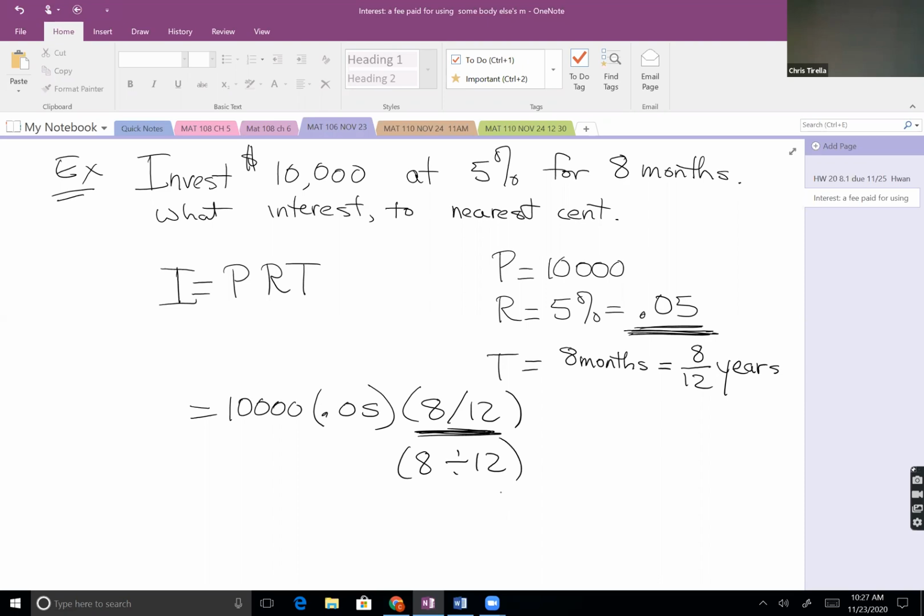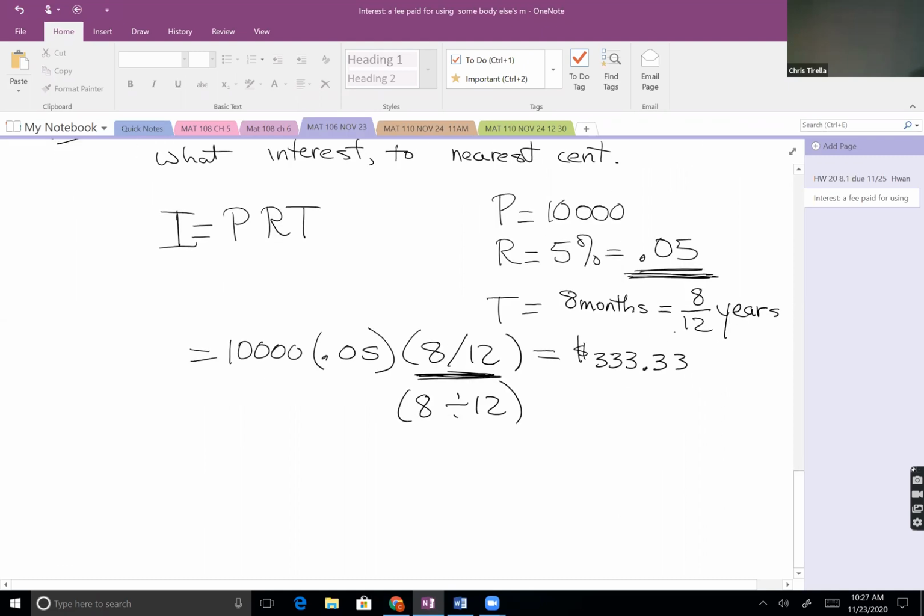And so when you work that out to the nearest penny, what do you get? $333.33. If we leave this as a fraction and don't change it into a decimal, we are not rounding. In general, you should not round until the final step.